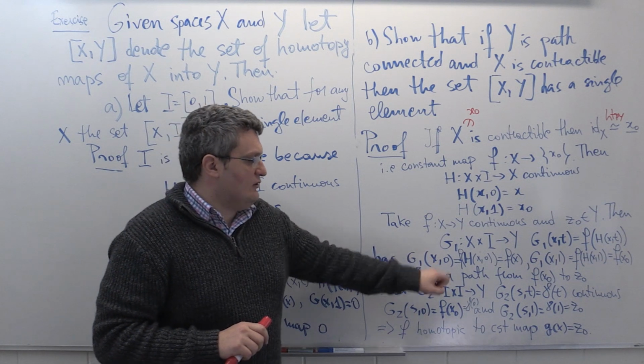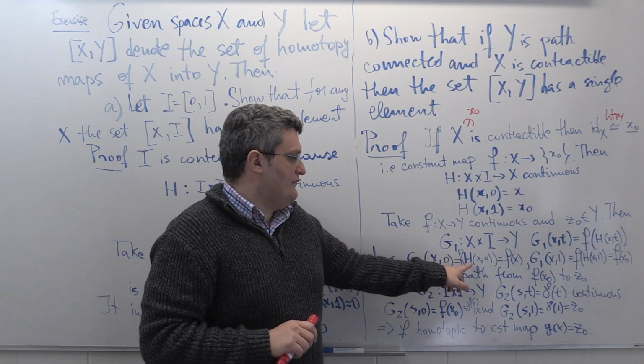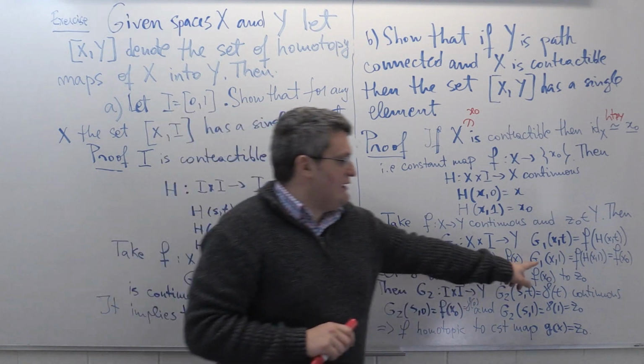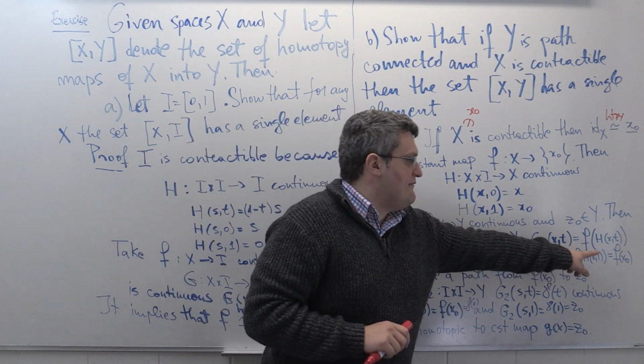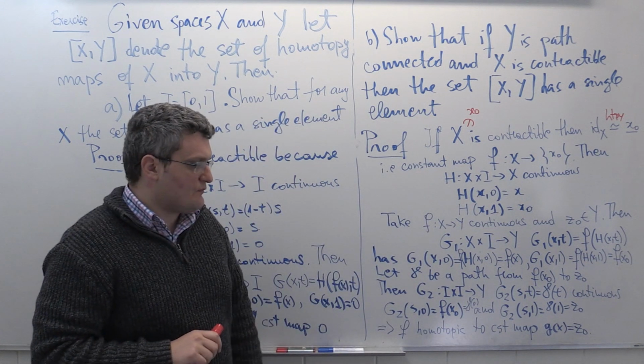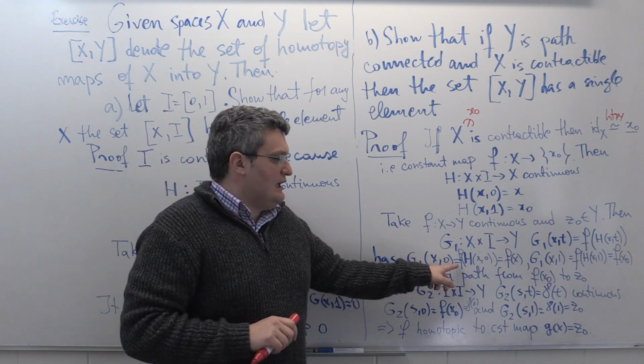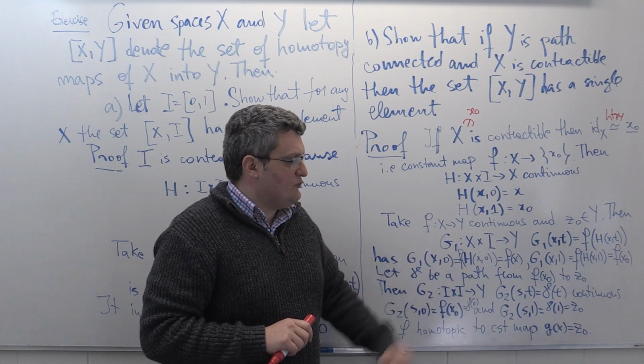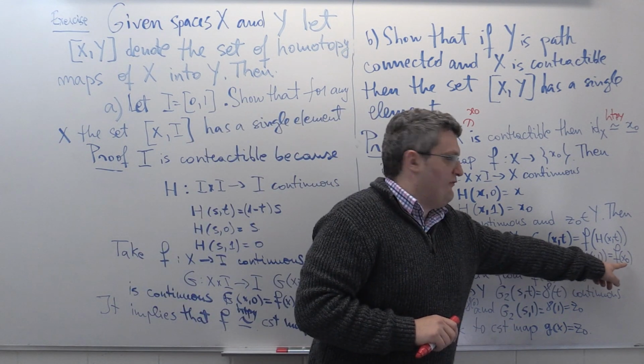g1 of x0 is f of H of x0, so it's f of x, and g1 of x1 is f of x0. So in conclusion, we have that the map f is homotopy equivalent with the constant map f of x0.